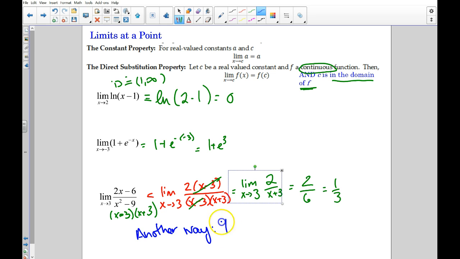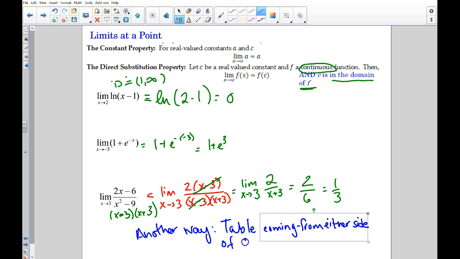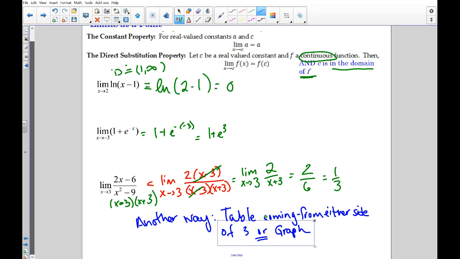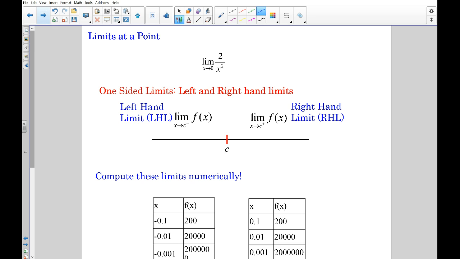We could make a table of values coming from either side of 3, or make a graph and look at the graph. So other options exist. Algebraically is often the fastest, but just know that you can do others as well.